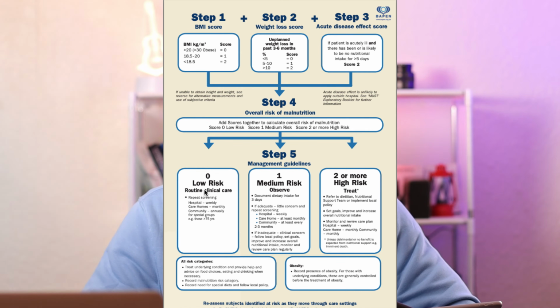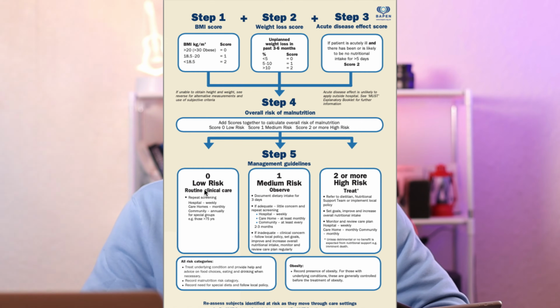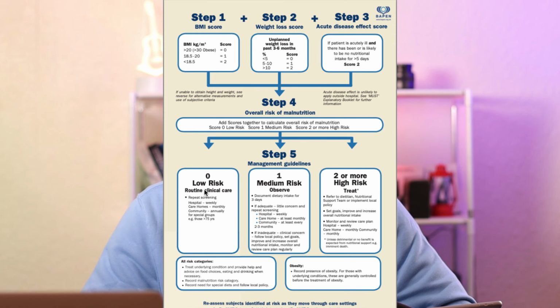But if it's inadequate, then the clinical concern, you follow local policies, set goals, improve and increase overall nutritional intake, monitor and review the care plan regularly. Now, if the patient scored 2, then what it means is that the patient is at high risk of malnutrition.